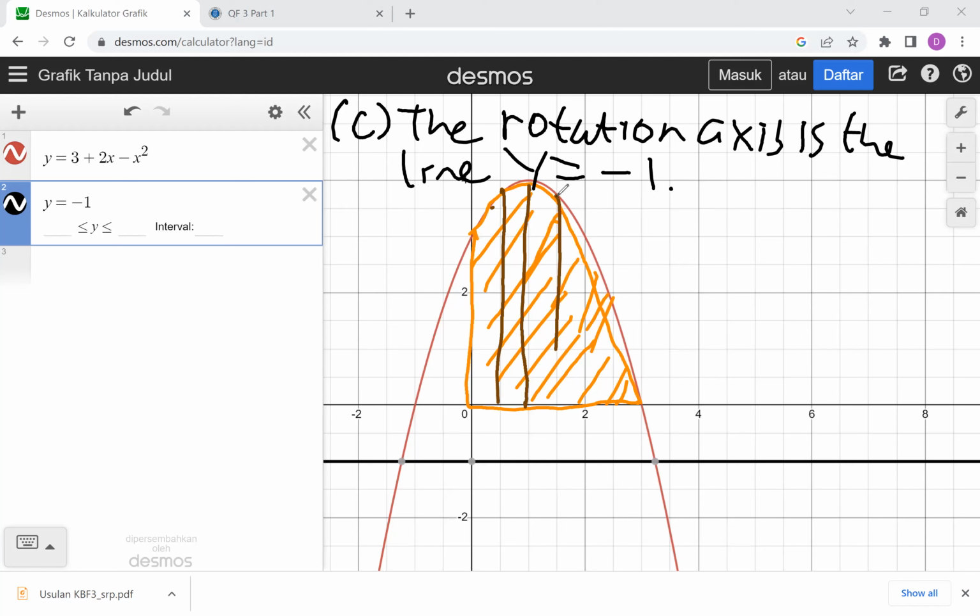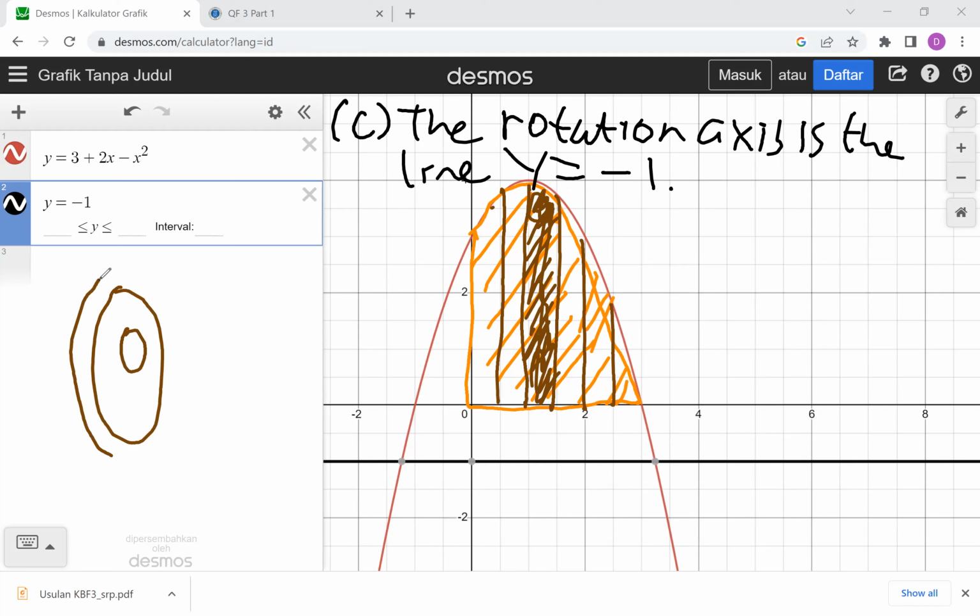Then delta V is the volume of the following object.